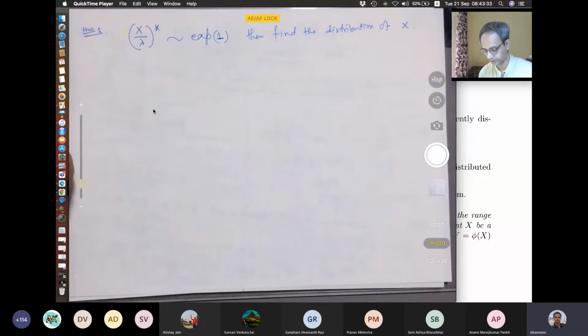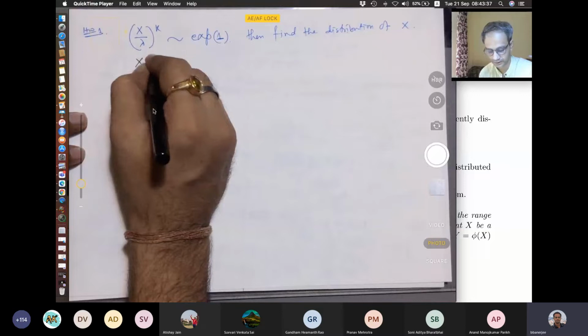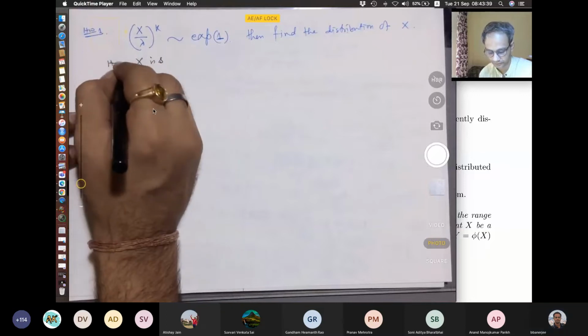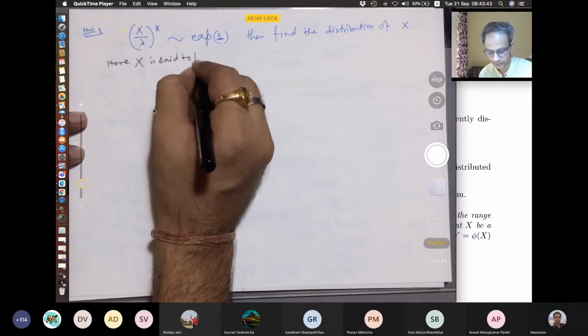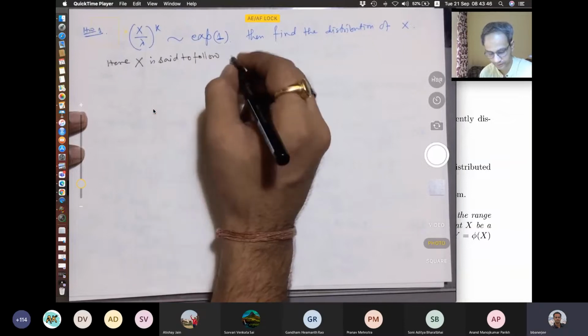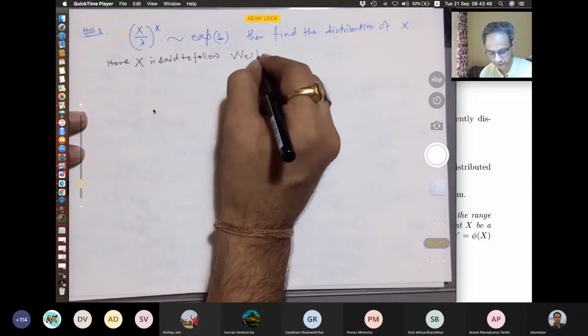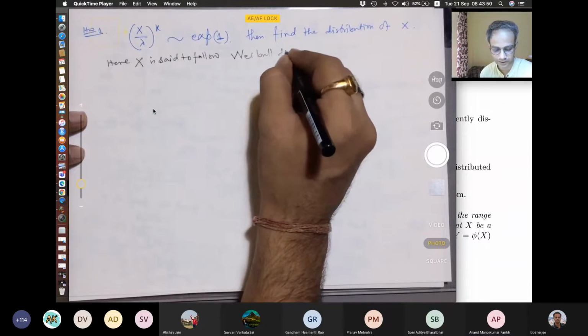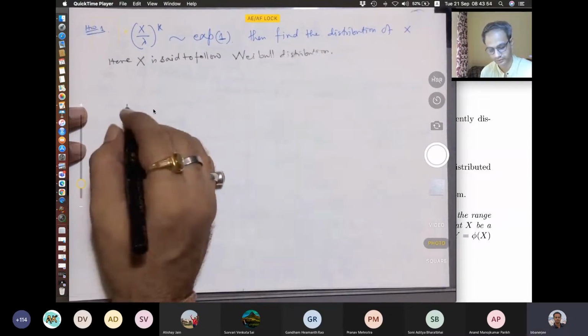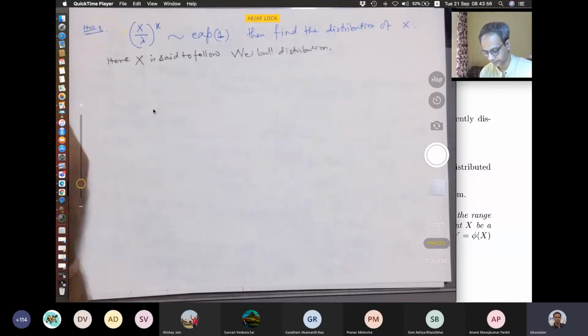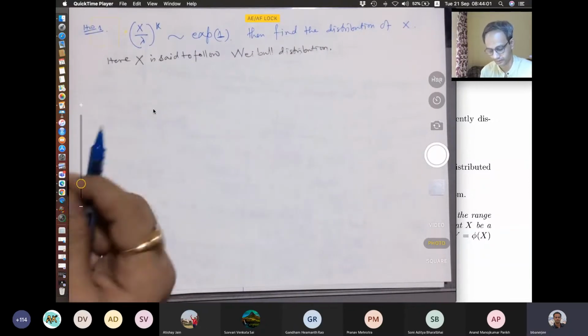Whatever distribution you get, x is said to follow the Weibull distribution, and it is also a waiting time distribution. Whatever PDF you get is known as the Weibull distribution.